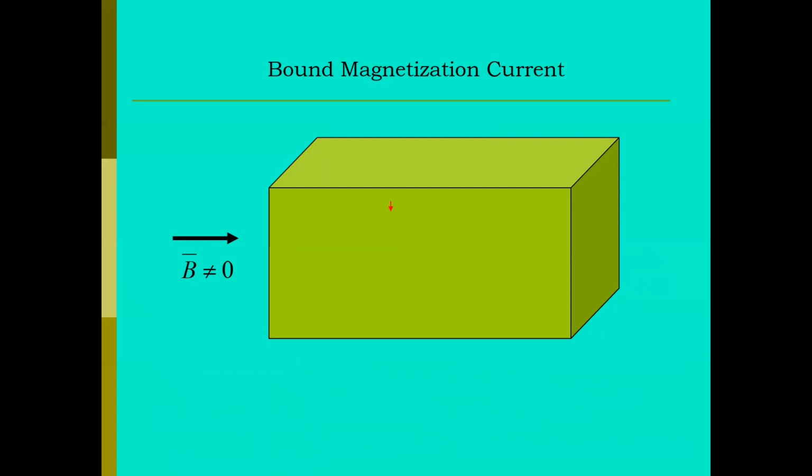We're now going to proceed with the second objective, which is understanding the bound magnetization current. Again, we consider the same material here, with an applied magnetic field B, which is not zero.